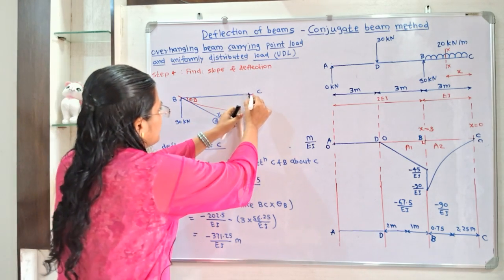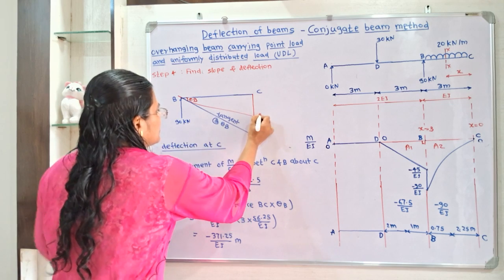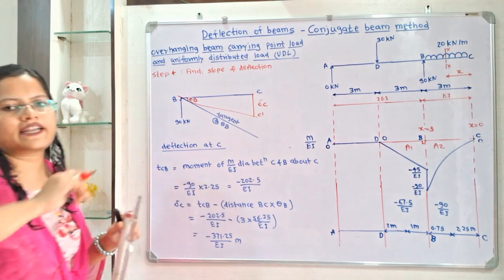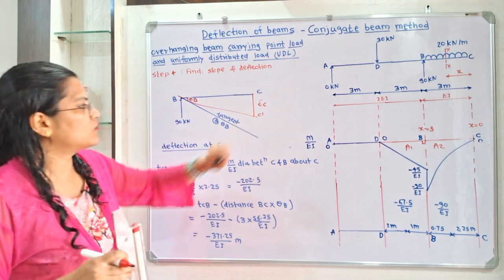So this is the original position and this is the new position C dash. So this C to C dash is known as deflection delta C, and we have to calculate this.